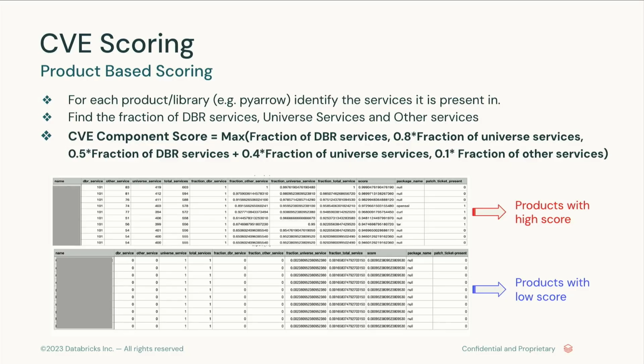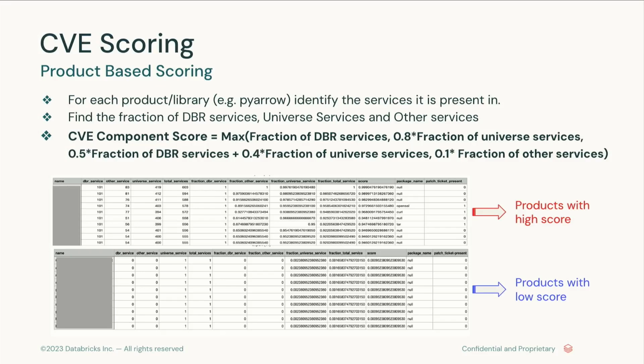DBR is the Databricks runtime services. If it affects DBR services, then it's very critical. Universe is basically other kinds of services, maybe not that critical. Based on how many services it is present in, we use Trivy and Qualys to scan our internal infrastructure to find out which services that library is present in.